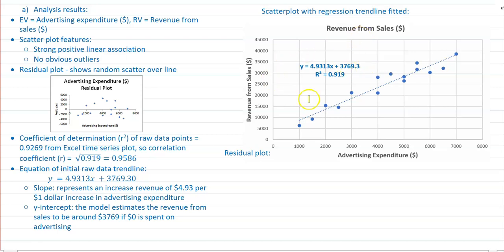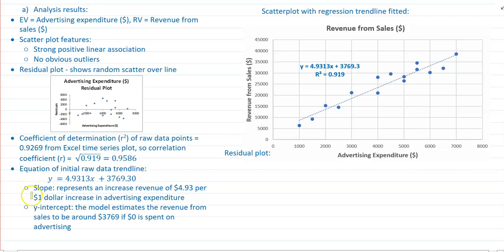You can see from the Excel generated scatter plot, when I fit that trend line in, I also got the least squares equation displayed, and that gave me y equals 4.9313x plus $3,769.30.